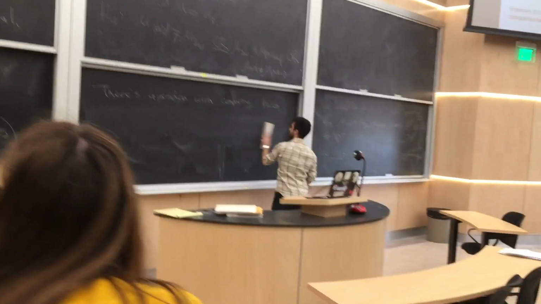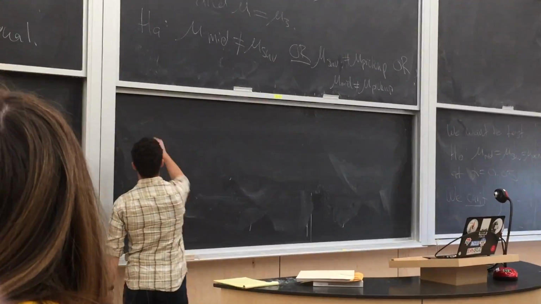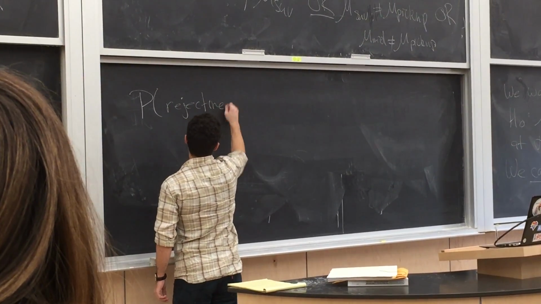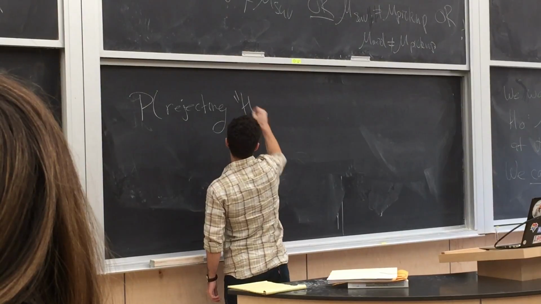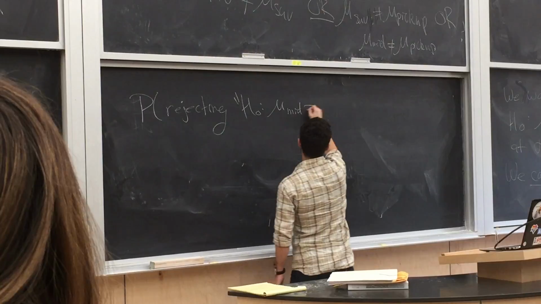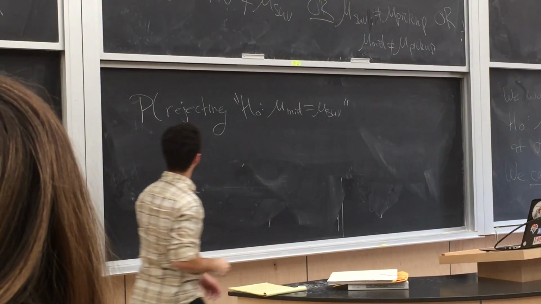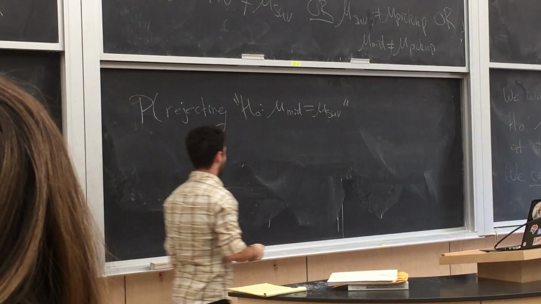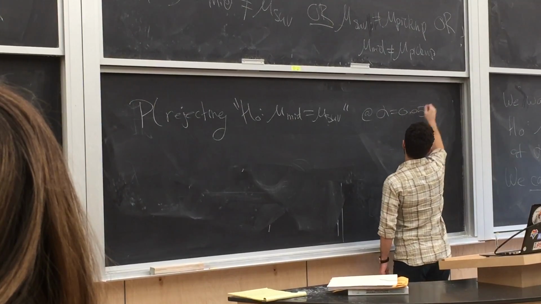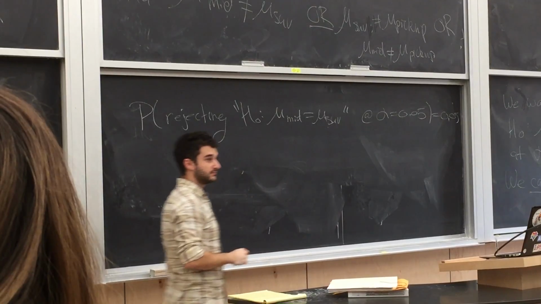The probability of rejecting the hypothesis that just one pair, let's say mid-sized cars and SUVs, have the same mileage: the probability of rejecting this at alpha of 0.05 is 0.05 by definition.